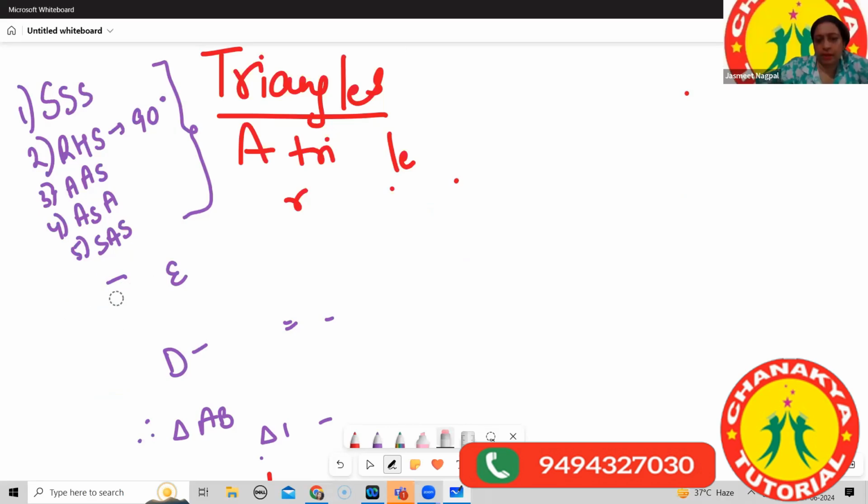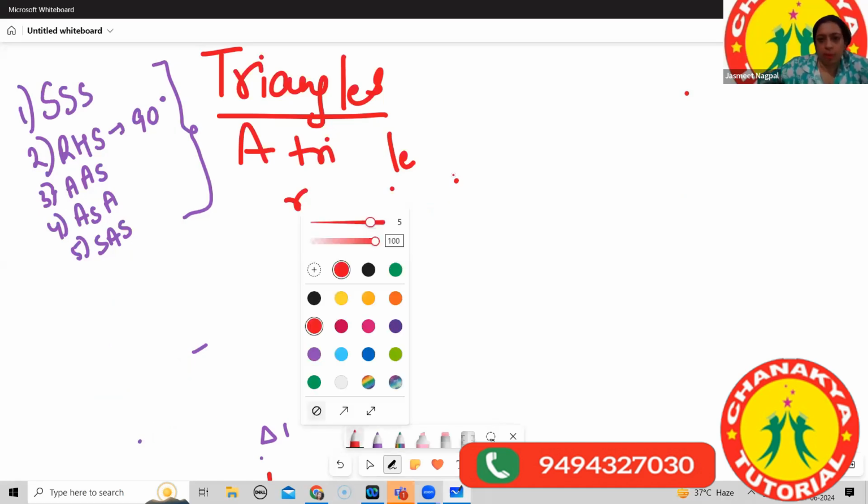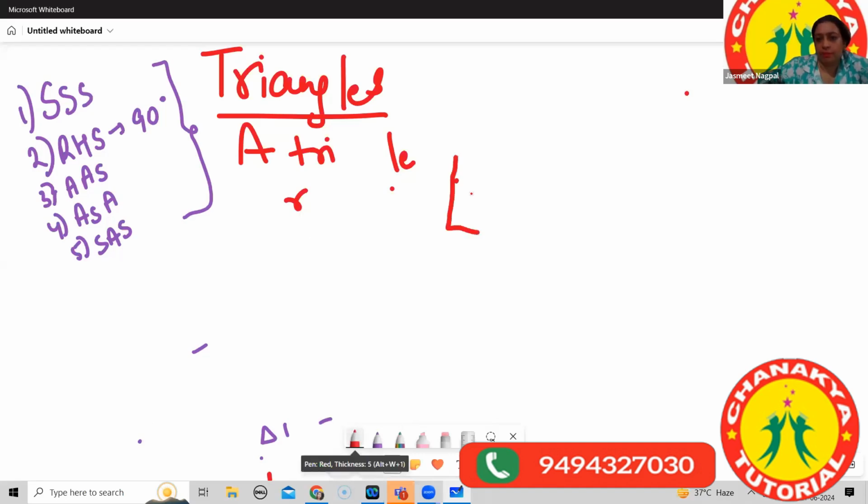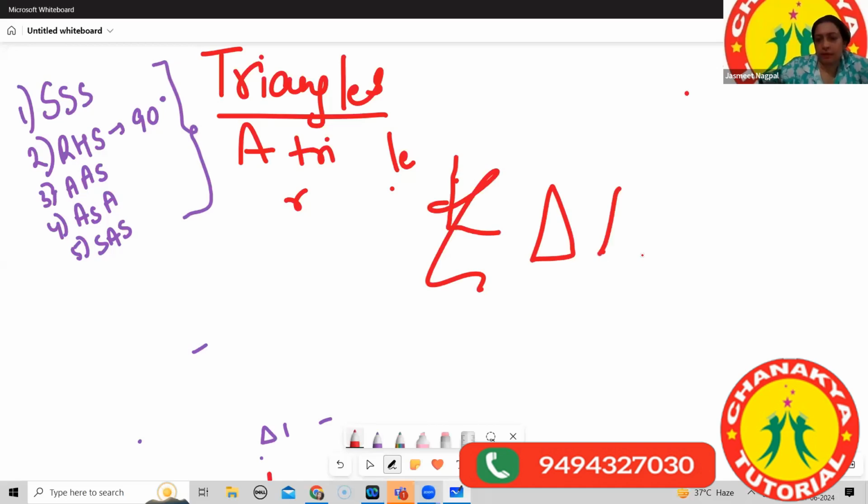Now see, suppose your triangle is in the same form like this, and you will mark A, B, C, D, E, F, or any other, this is your choice. It is given also in some questions. So this is SSS, na?